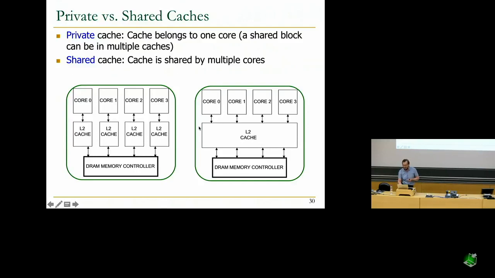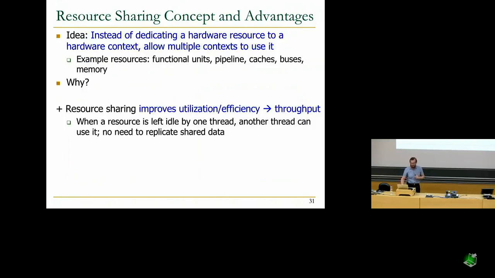But in this case, you have only one copy of block A that needs to be brought, and both threads can actually access it from that shared cache. So in this case, you're wasting some cache space. In this case, you're saving that cache space when you have shared data. The same block doesn't get replicated across different private caches if you have a shared cache. Okay, so that's another aspect of improving the utilization and efficiency.